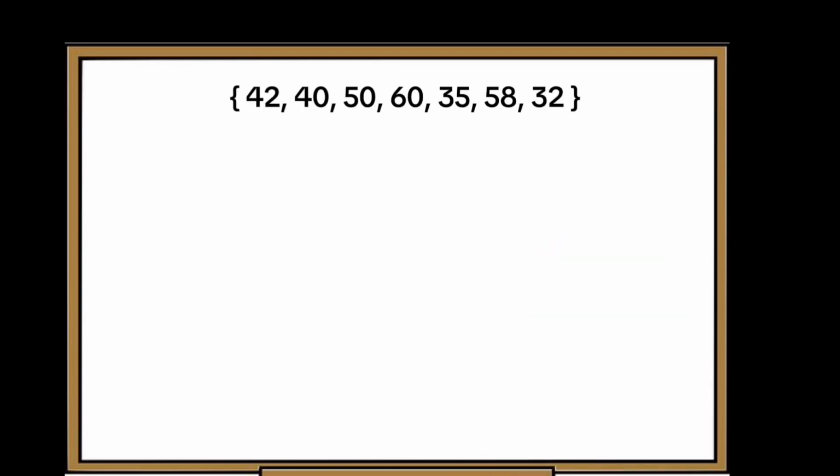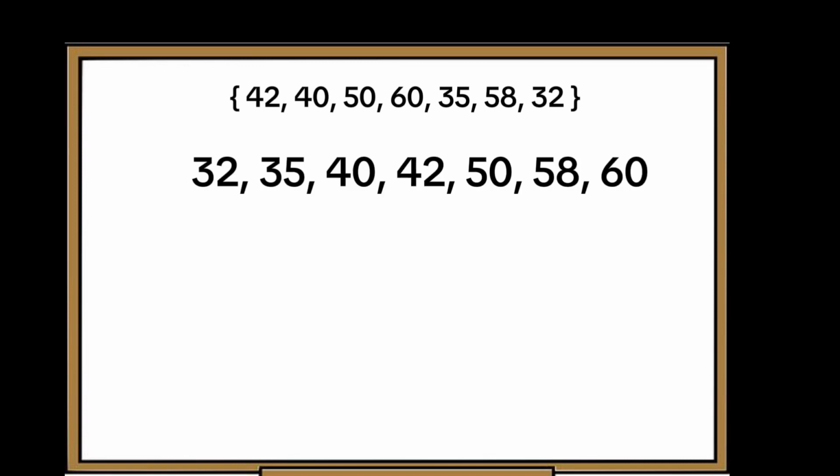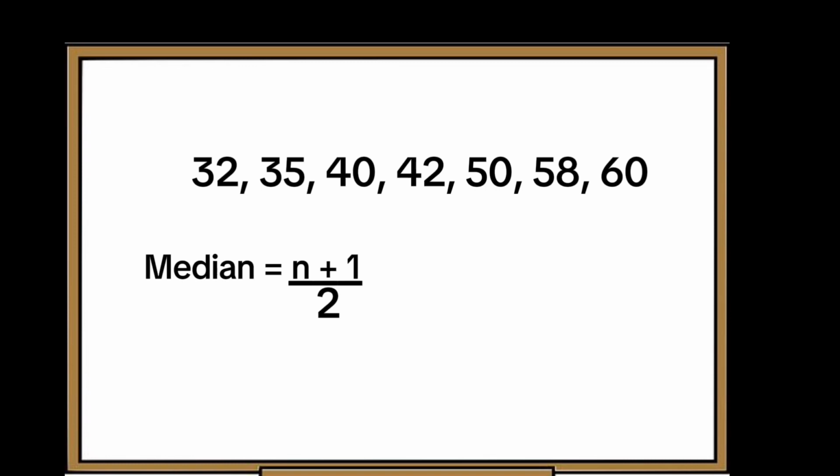So the solution here is, first, arrange the data items in ascending order. Then count the number of observations. If the number of observations is odd, we use the following formula: median is equal to n plus 1 divided by 2. Next, we calculate the median using the formula.